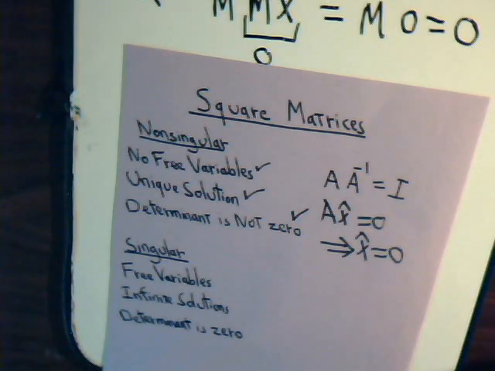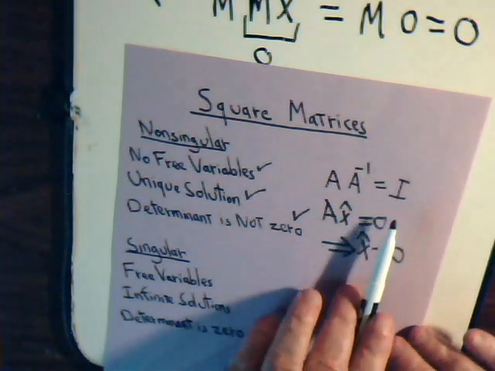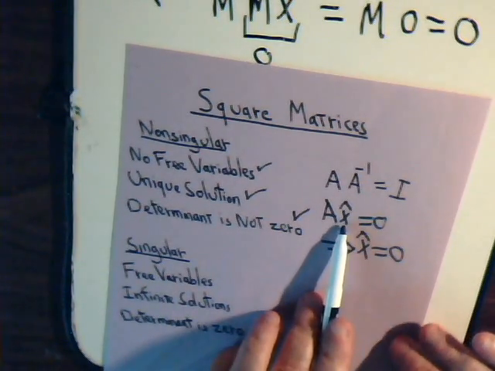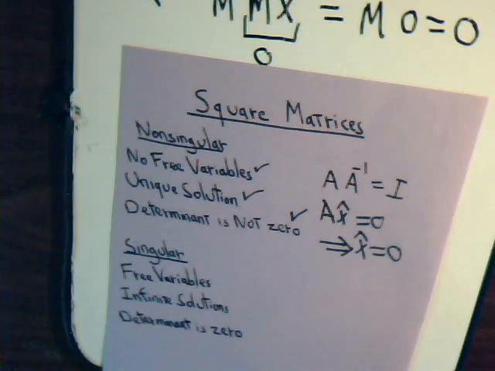So all these properties that a non-singular matrix has stem from the fact that it has an inverse, and if it's set equal to 0, it has only one solution, a trivial solution.